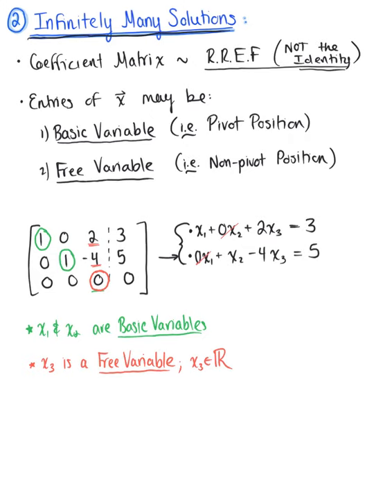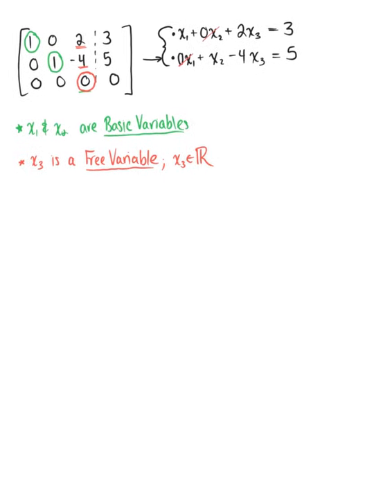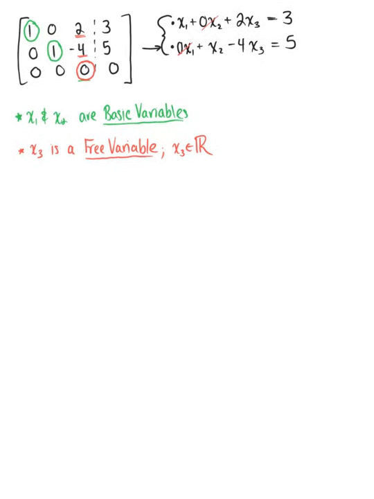So let's rewrite this below, giving ourselves a little bit more room. This augmented matrix is saying that x sub 1 plus 2x sub 3 is equal to 3, and that x sub 2 minus 4x sub 3 is equal to 5.